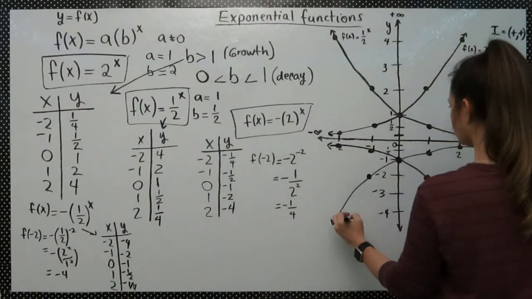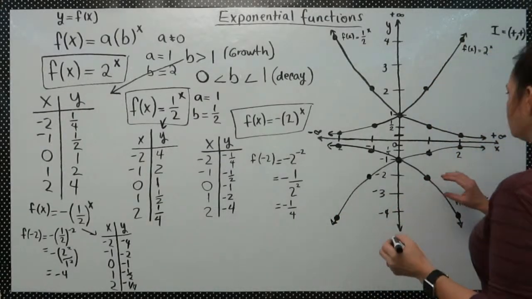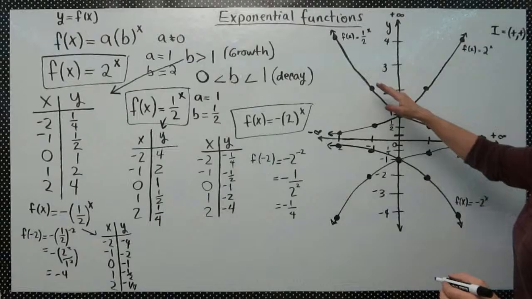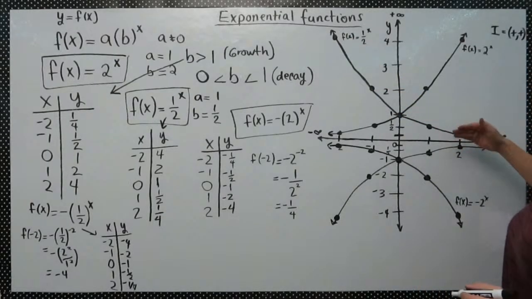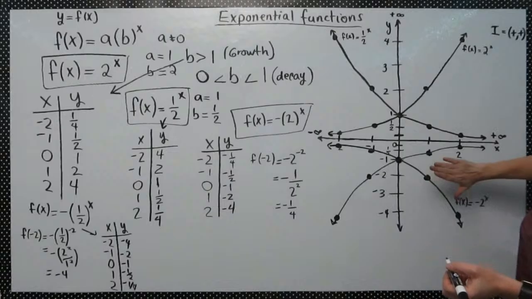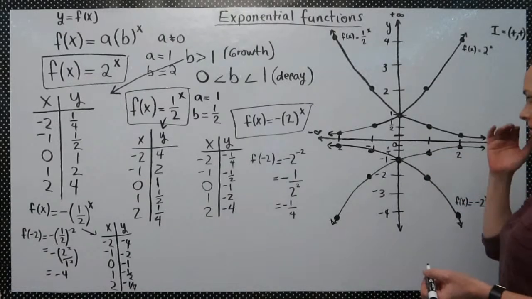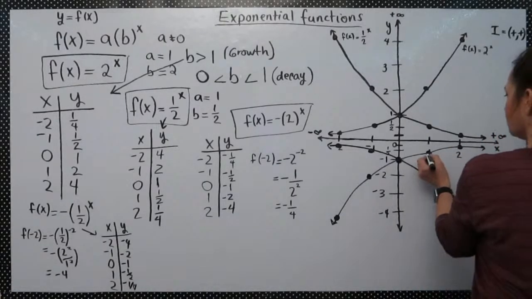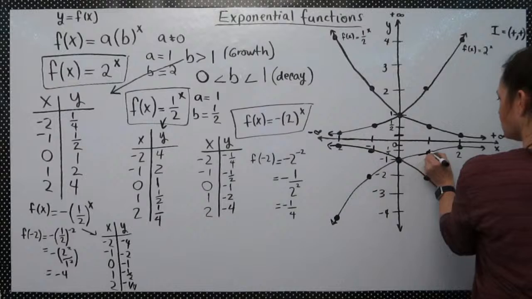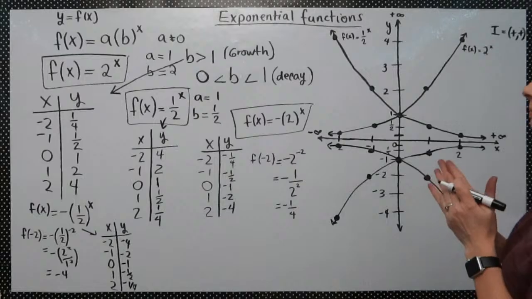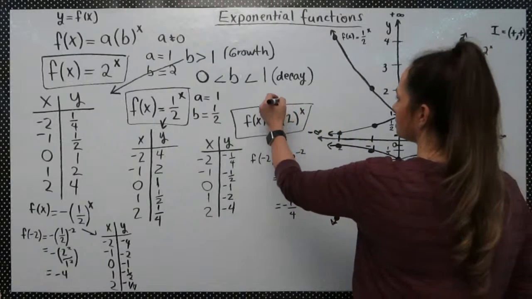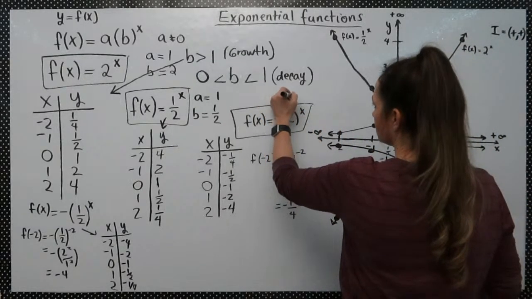We've got that. If you could imagine that this graph here, this 1/2 x, has just been reflected about the x-axis. So it's just been flipped. And that's what that negative is doing when a is less than 0. So here, a equals -1.